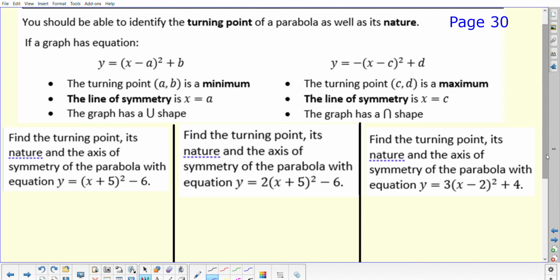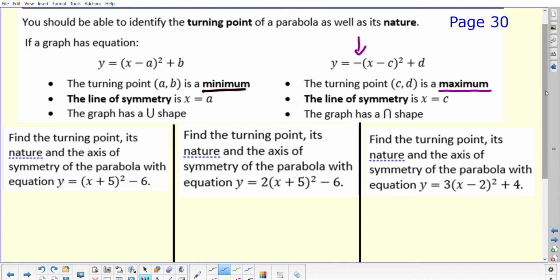We're mainly focusing on the minimum turning point ones just now, but the ones that have a maximum turning point are the ones where you've got a negative sign going on with a negative x squared, but we will come back to them. For the moment our focus is on the positive ones, so it's all about looking at the minimum turning point.